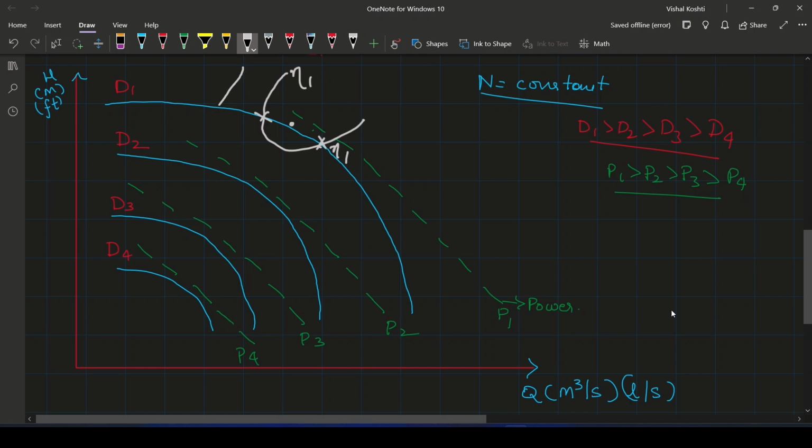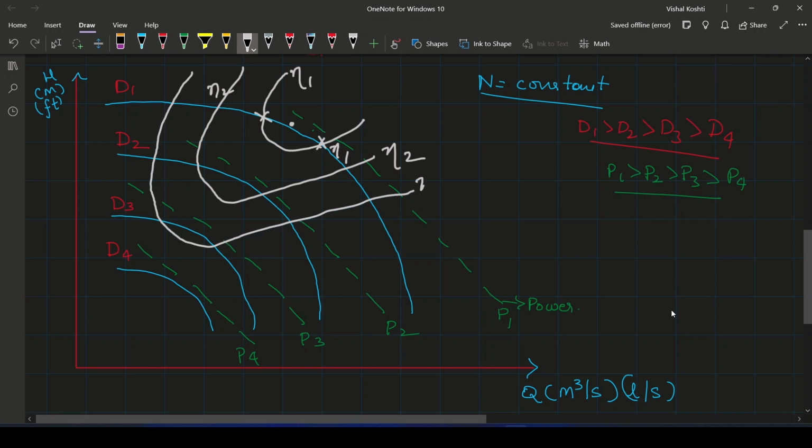And say this one will also be eta 2, eta 2. This one is eta 3, and this one will also be eta 3. This one is eta 4.